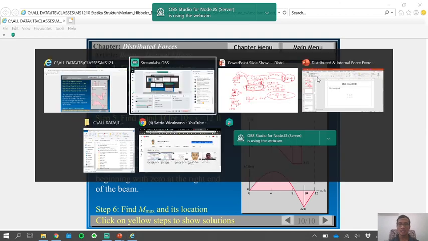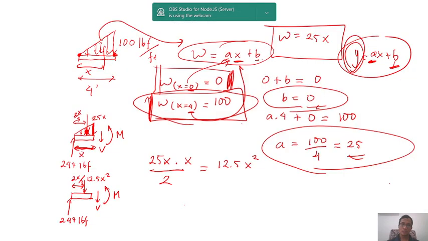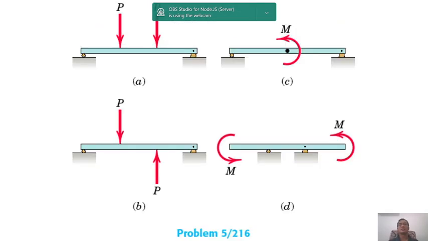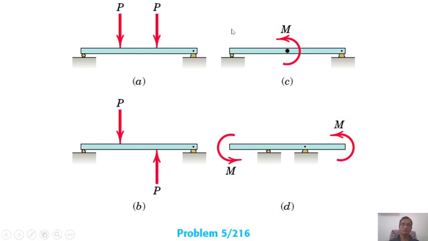And I should tell you as well, sorry, there is another problem example as well. So this will tell you what's the difference between these four.